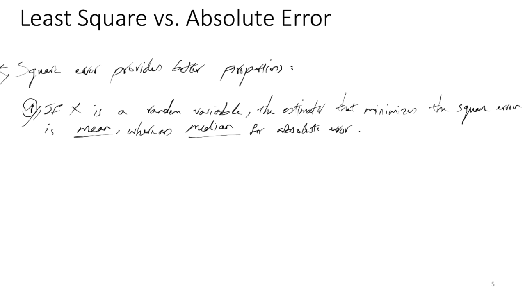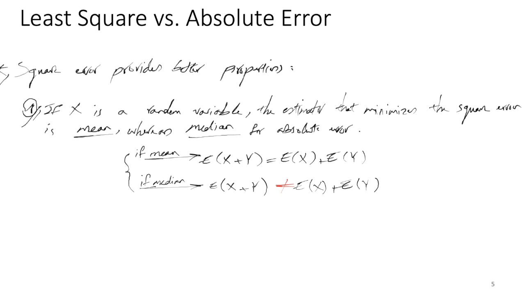And in statistics, the mean gives you a lot more freedom if you want to do other calculations. For example, if you have the mean as your estimator, you would be able to expand E of x plus y into E of x plus E of y. But this won't be the case if you were to use the median, which is the outcome of using the estimator with the absolute error. So that's one of the properties you might consider. That's why people are using least square more.